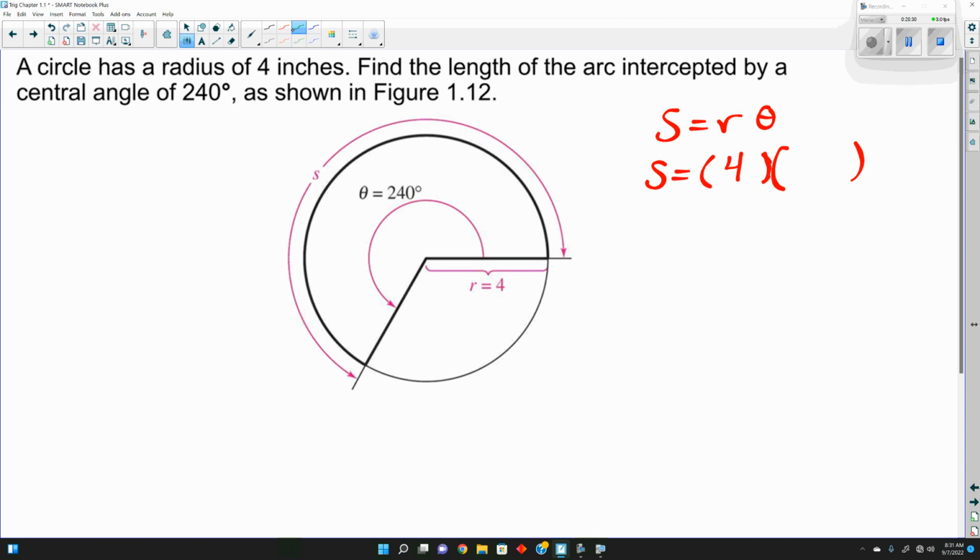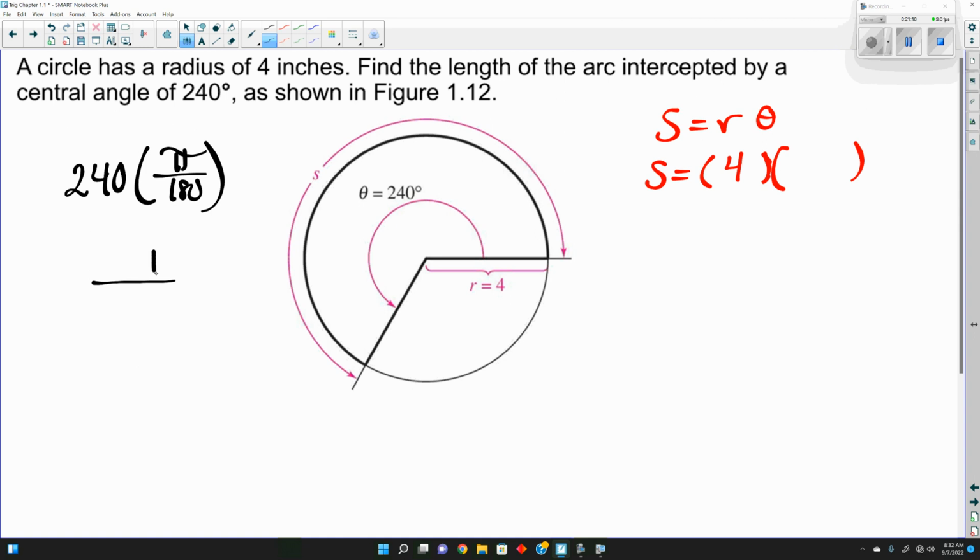No. So unfortunately, we have to convert it from degrees to radians. To convert from degrees to radians, we're taking 240 and multiplying this by pi over 180. At this point, we can plug this into the calculator to see what we get.